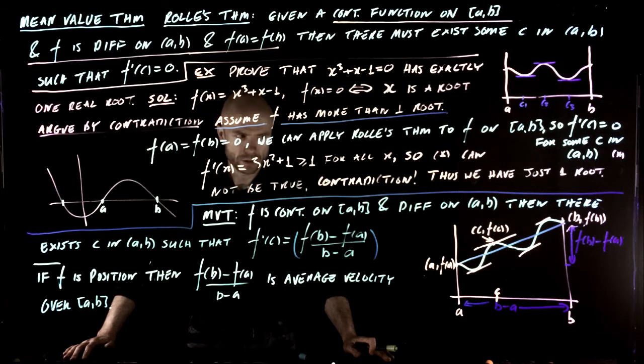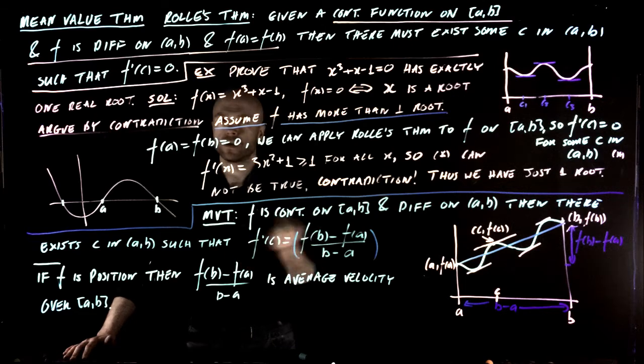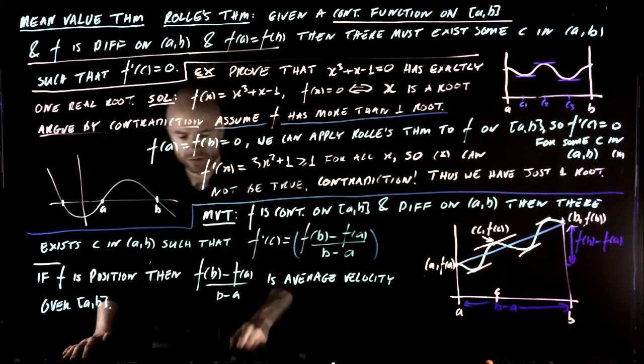Cool. So what is this saying? It says that if we are moving with this particle f, then at least one point, perhaps many more, the particle has to have velocity equal to its average velocity. And again, this makes intuitive sense to us, right?